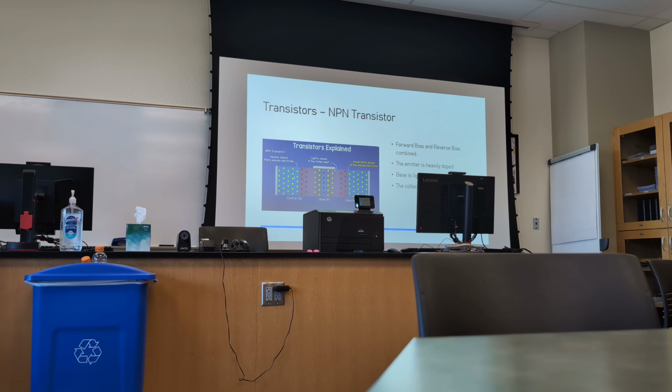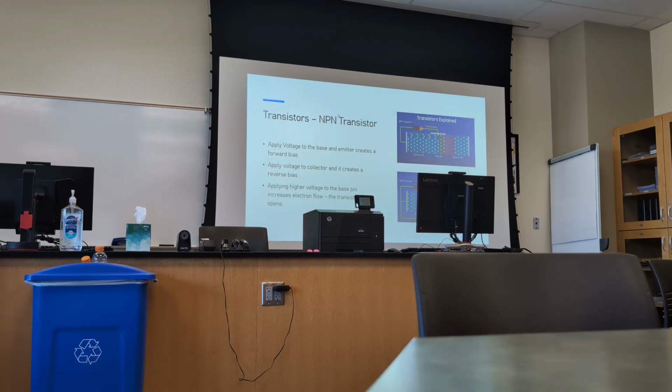This side's heavily doped, the p-type semiconductor is lightly doped, and the n-type semiconductor on the right is moderately doped. When we apply voltage to the emitter and the base pin, the depletion region collapses and electrons start to flow. I know you're asking now what happens to the reverse bias here.